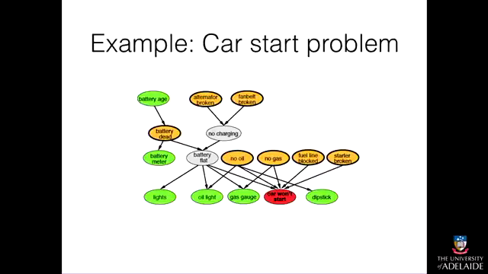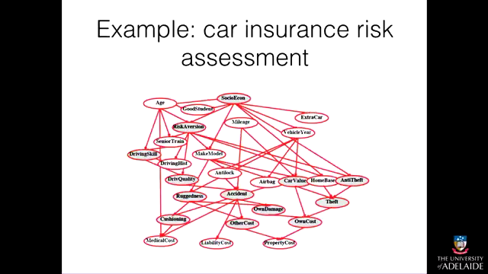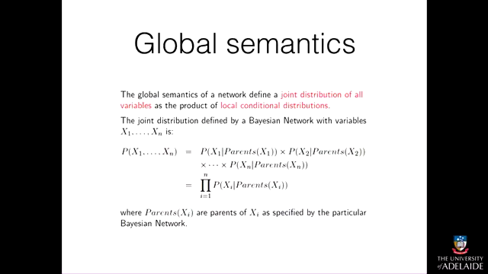We can also define fancier and larger Bayesian networks. This is another example, related to the car start problem, and this is the car insurance risk assessment problem. We can see there are a large number of random variables here. You can imagine that if we used a joint probability table to represent this, it could be very painful, because there would be so many entries.